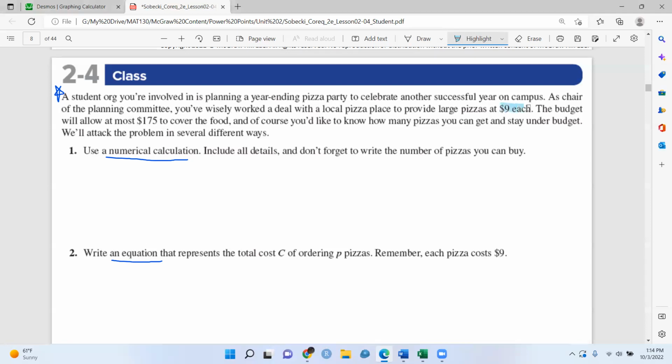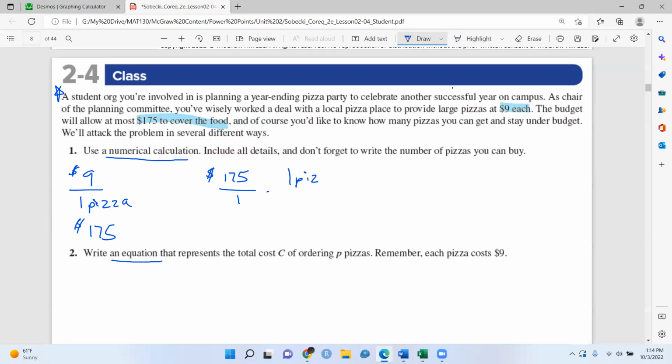We got $9 per pizza, and we're allowed a total of $175 for food, and we're going to calculate that amount, right? If I were to put units on this, I would do $9 per one pizza with a total of $175 to spend. And so if I wanted to calculate the number of pizzas I could use dimensional analysis, which might be overkill here, right?